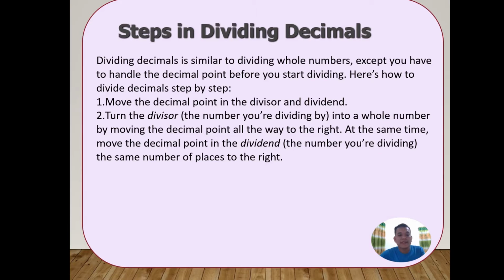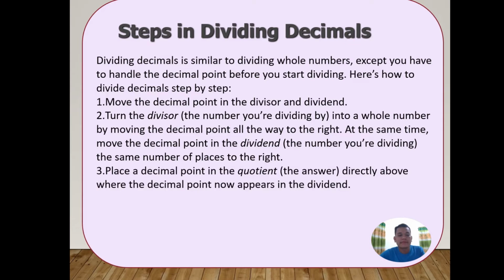Turn the divisor into a whole number by moving the decimal point all the way to the right. Take note of the number of places we move our decimal point in the divisor, because at the same time we are going to move the decimal point in the dividend the same number of places to the right.